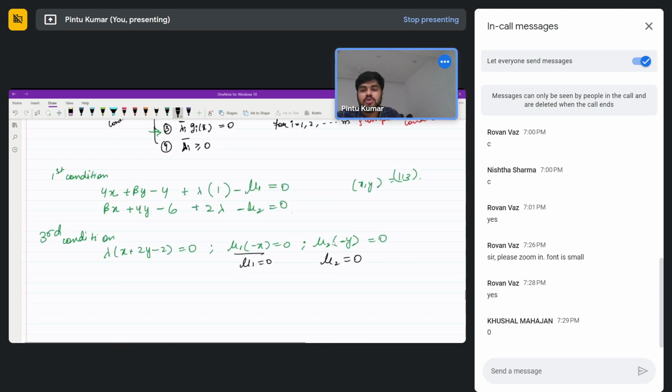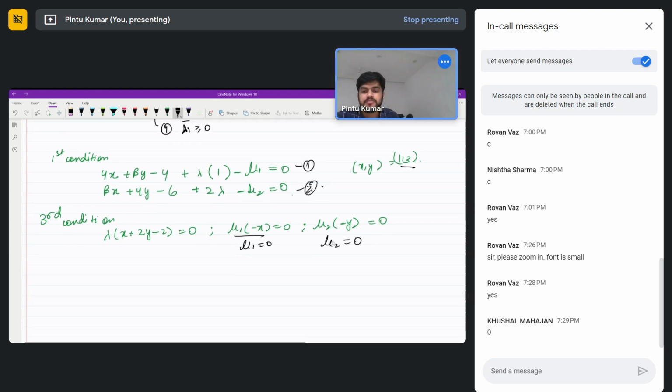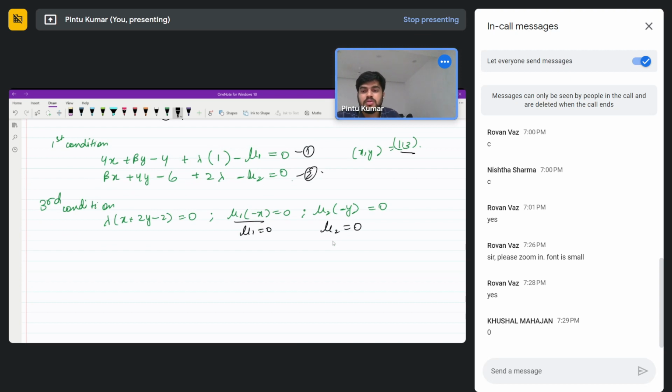Okay. So let's put the values of x and y in equations 1 and 2, and let's see what we obtain.